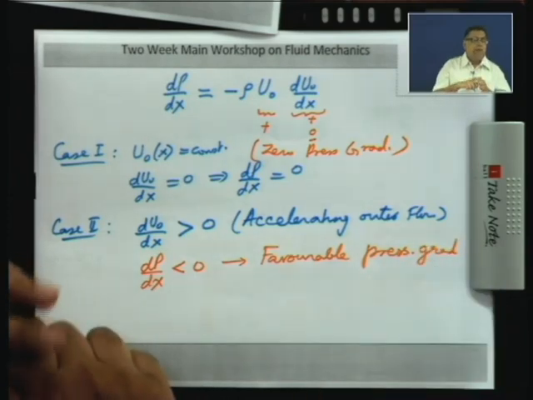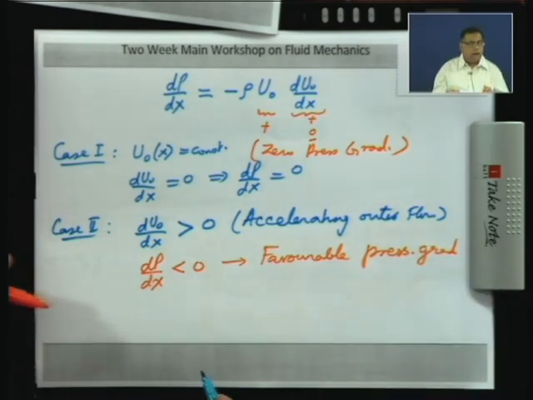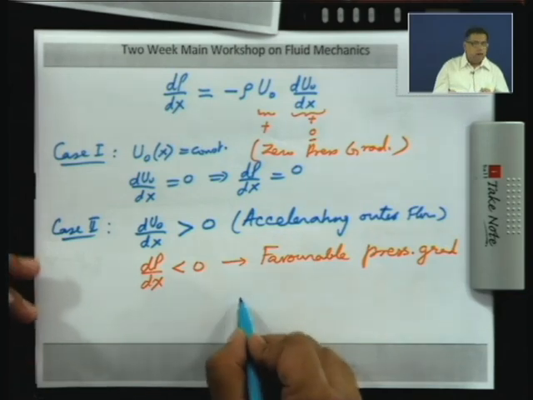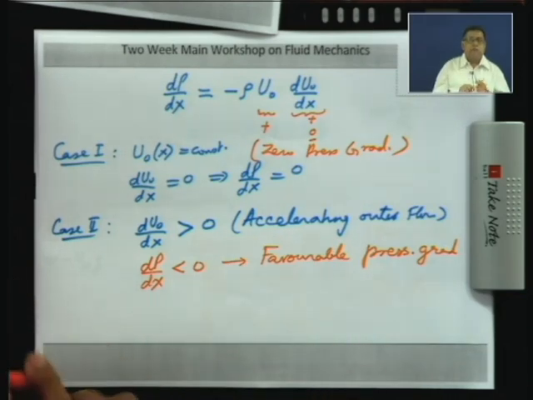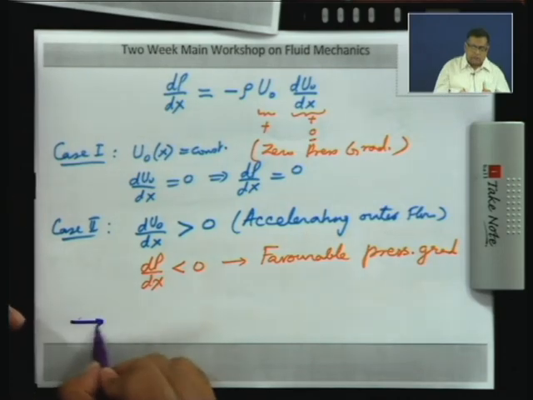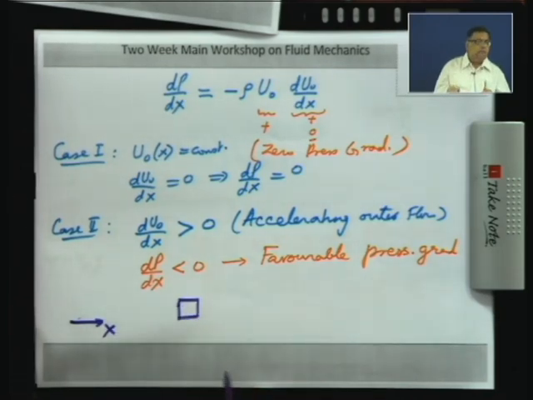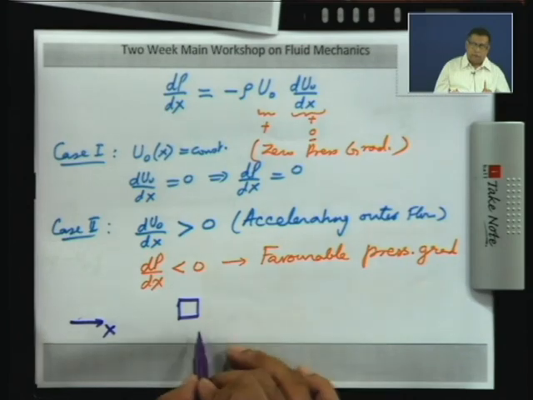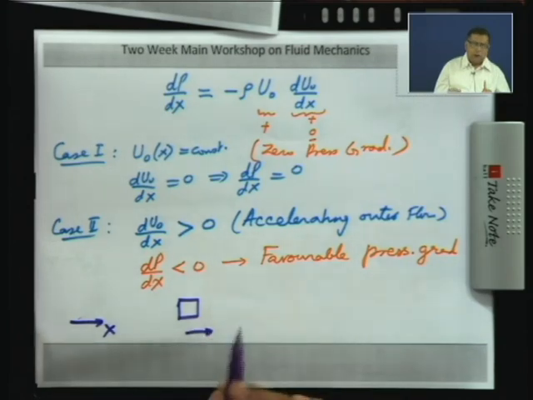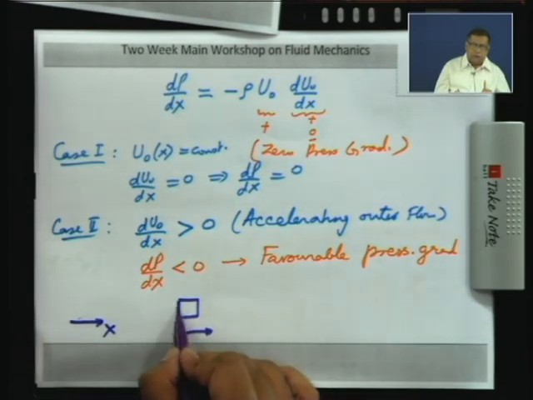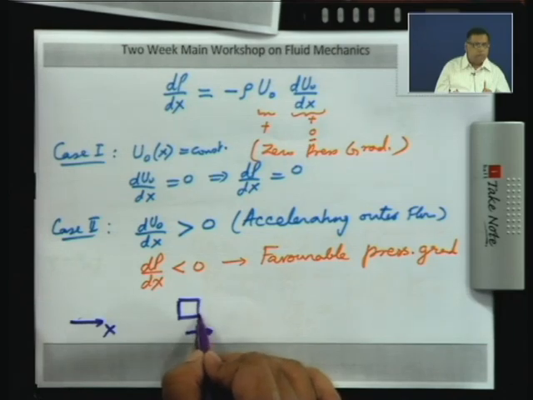The reason why we are calling it favorable pressure gradient will become clear if you show the fluid forces due to pressure on a fluid element. Let us say this is the x direction. So, you have a particle, let us say, of this shape, the particle is moving in the x direction. Now, you have pressure forces on this left face, pressure forces on the right face.